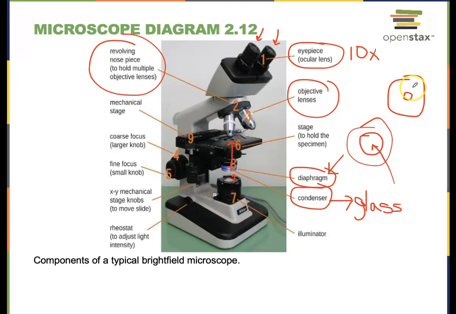So that controls the amount of light going through to your sample. What this does is it really controls contrast. If you think about contrast, it really has to do with how much light is shining. Think about going outside on a really bright, snowy day.